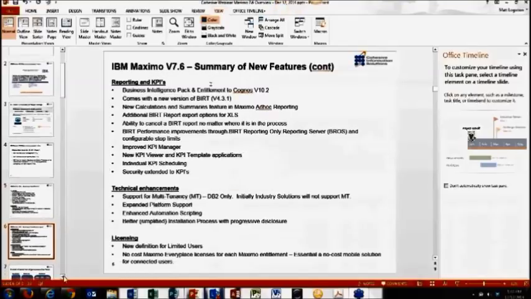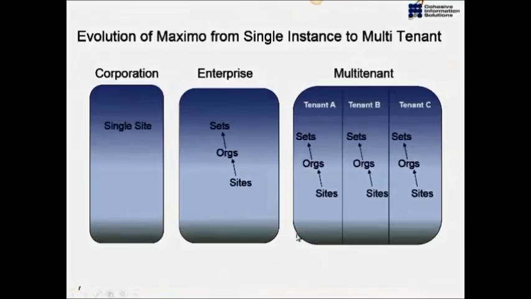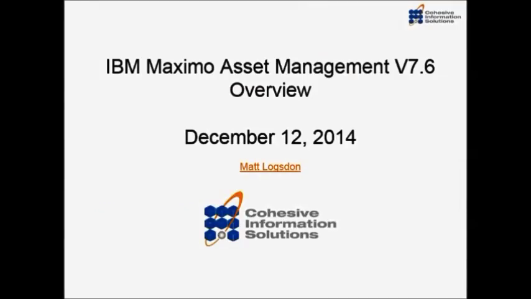So if you looked at the evolution of IBM in moving from what was in their version 2 and 3 and even 4, it was kind of a single instance of Maximo, which satisfied the needs of a small company. As they grew to an enterprise and supporting what you know in, say, version 5.2 and later, where you had sites, orgs, and sets, now there's even another layer on top of that with Maximo 7.6.